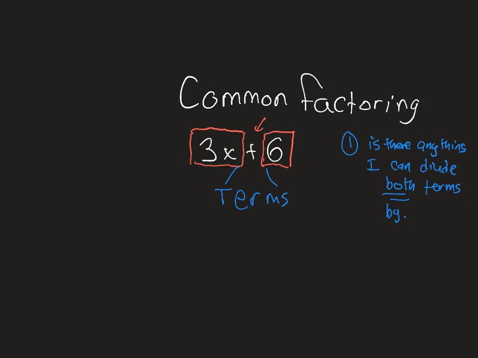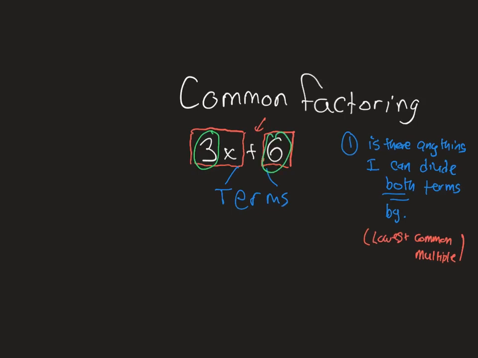This is what they often call the lowest common multiple. Which is basically the biggest number I can divide them both by, or the biggest exponent. So let's take a look at this. Let's look at the numbers first. So we have a 3 and we have a 6.